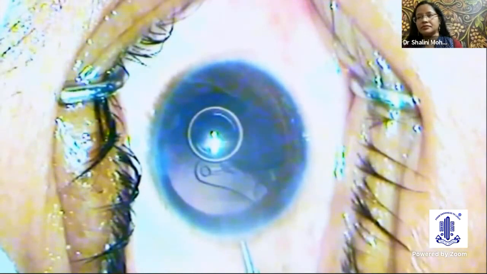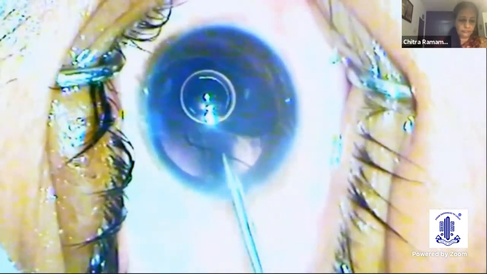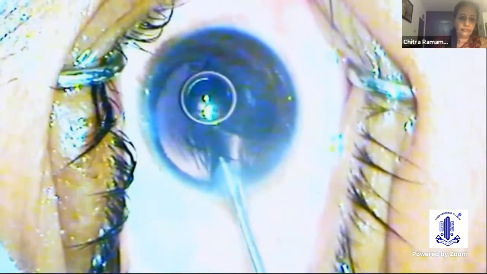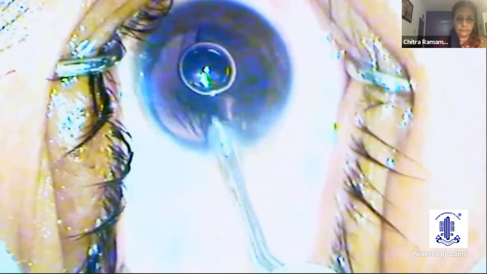A non-toothed angled forceps was taken to hold the haptic and to bring it out of the bag, and then it was put into the anterior chamber.